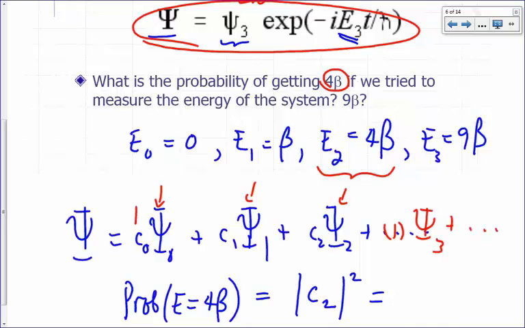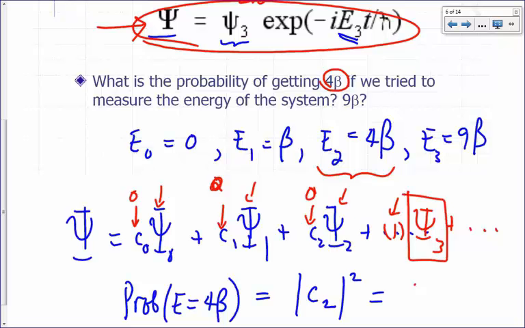So C0 here is, according to this, 0. C1 is 0. C2 is 0, C3 is 1, C4 is 0, and so on. So what is the probability? You were given that psi is just equal to psi 3. So the probability of anything besides the energy E3 is 0.